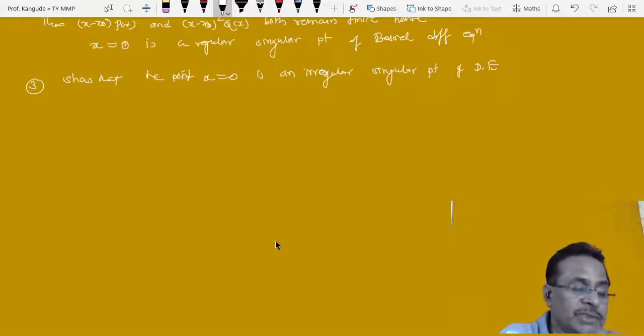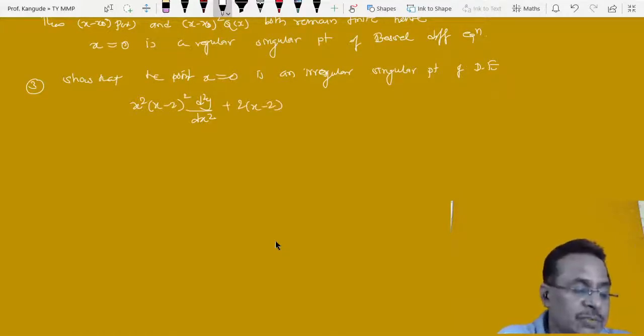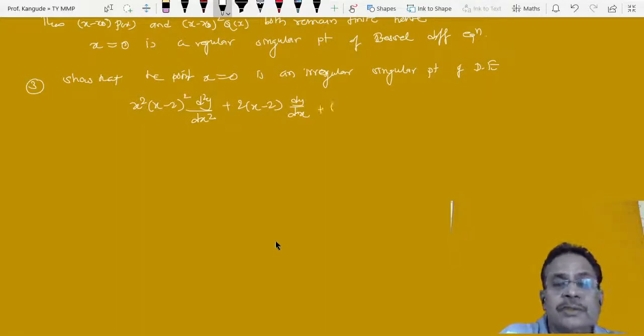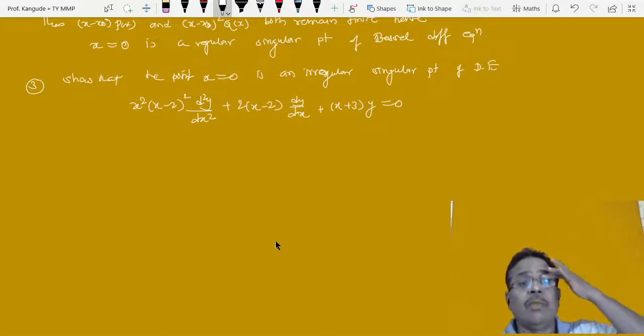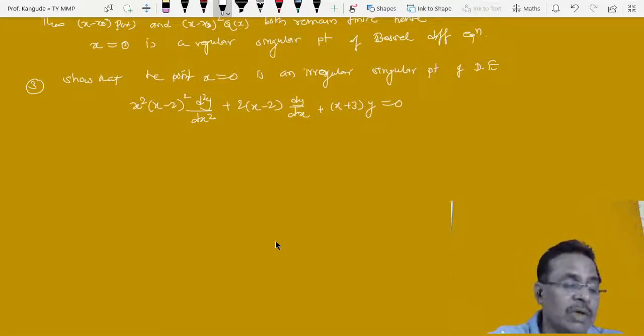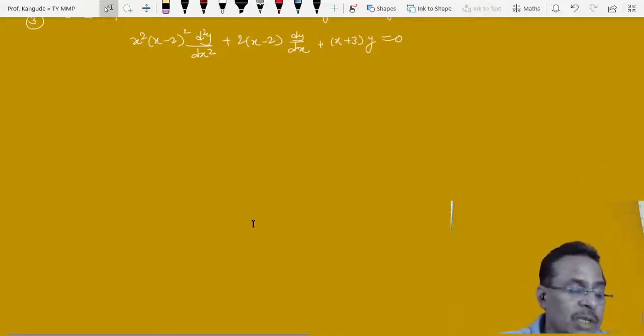The differential equation given is: x square into x minus 2 whole square into d square y upon dx square plus 2 into x minus 2 into dy by dx plus x plus 3 into y is equal to 0. Now this is not any standard form of differential equation. Now we have to find out that x is equal to 0 becomes an irregular singular point for this.